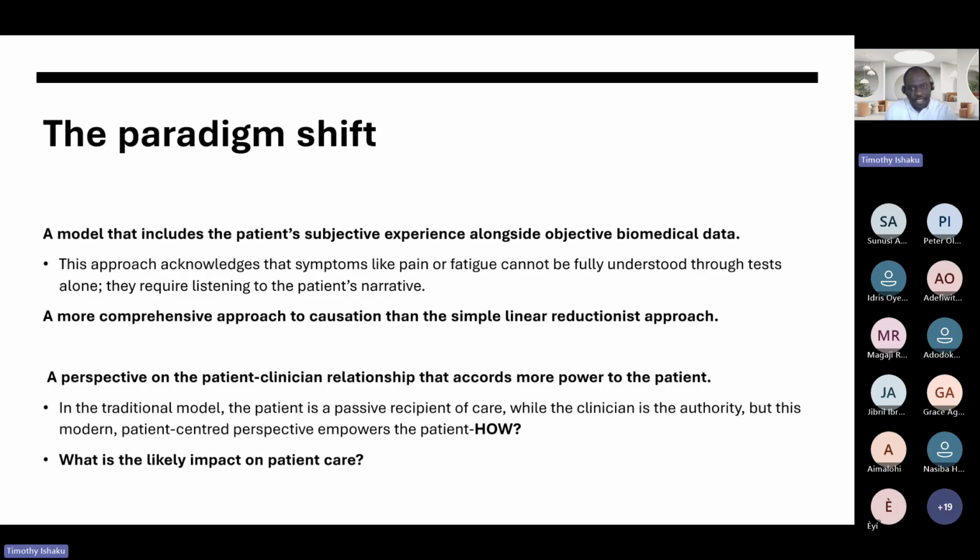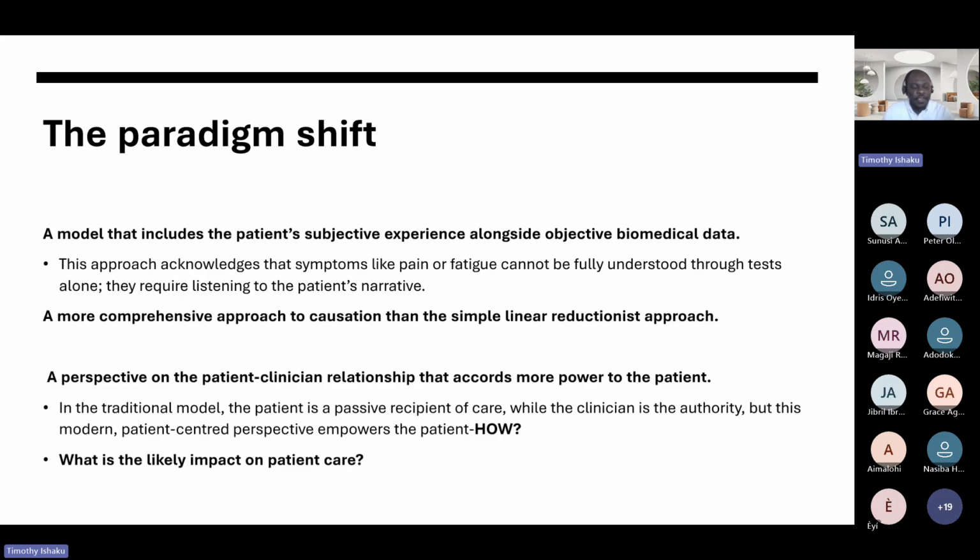And I think, correct me if I'm wrong, in most of our services, the patient sits and we the clinicians are the ones in authority, trying to give all those big terms to our patient.